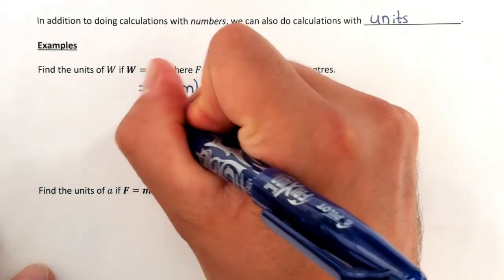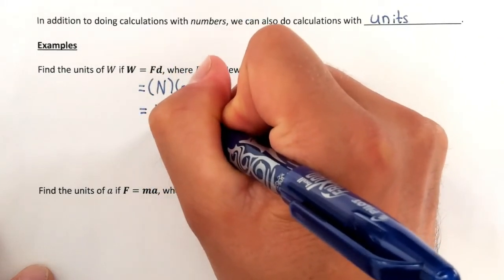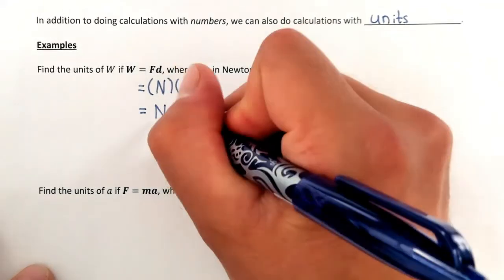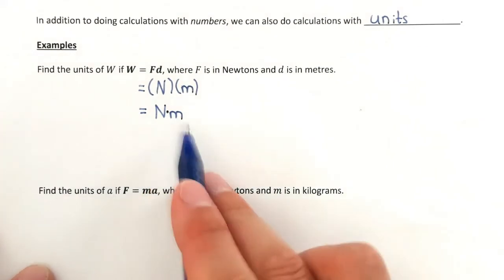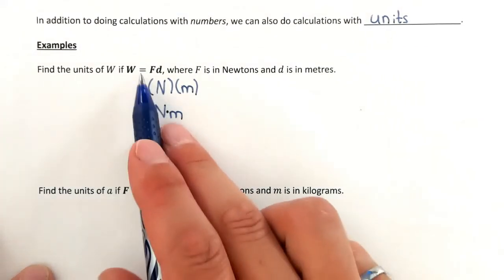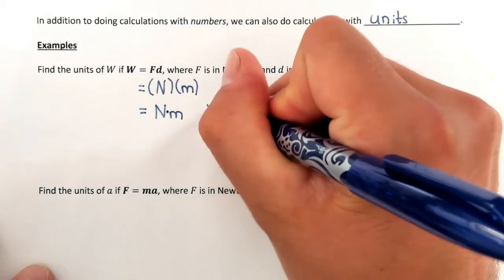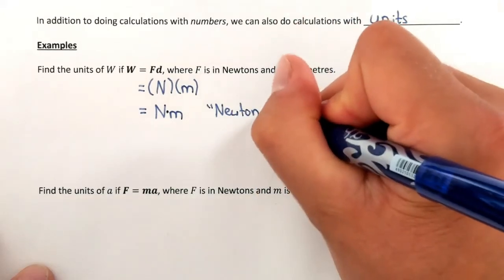And the way we often write that is just Nm, or often when we're doing units and we have two units multiplied by each other, we'll put that little dot in the middle. So N·m would be the units for work, and I would pronounce that Newton meters.